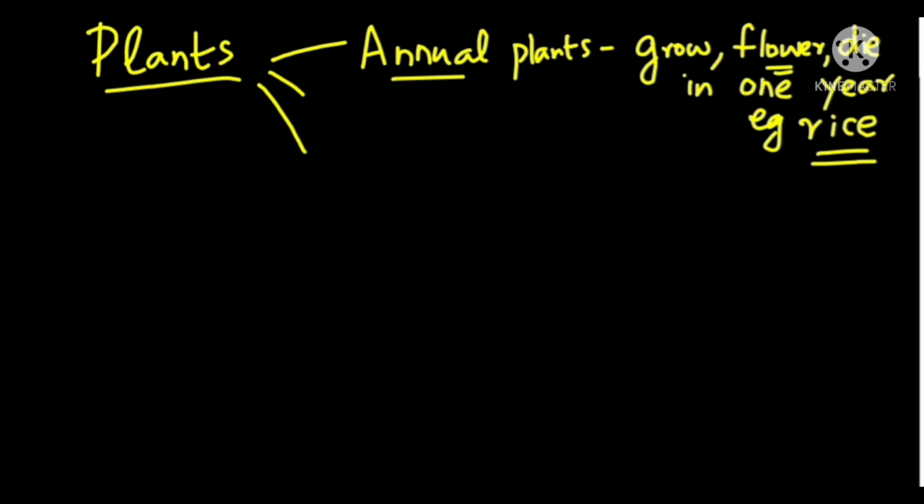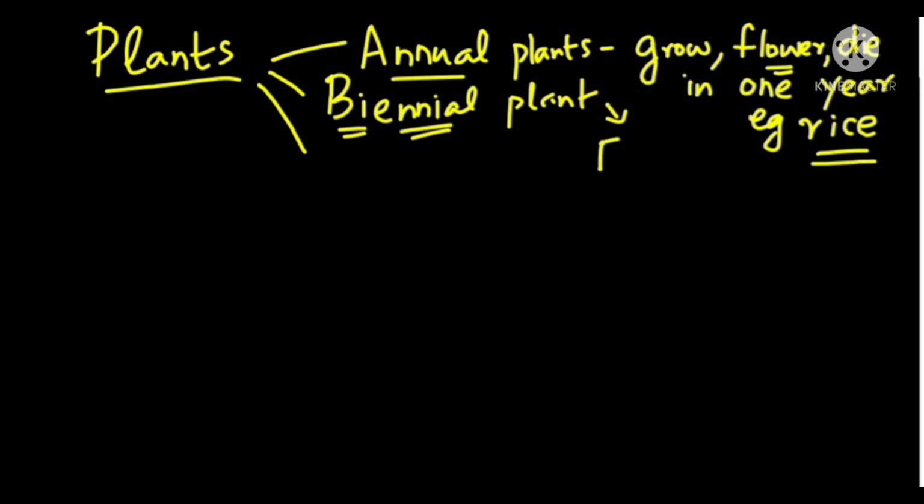Now coming to the next type of plant, that is called a biennial plant. Bi means two, ennial means two seasons actually. So that plant has got two seasons.